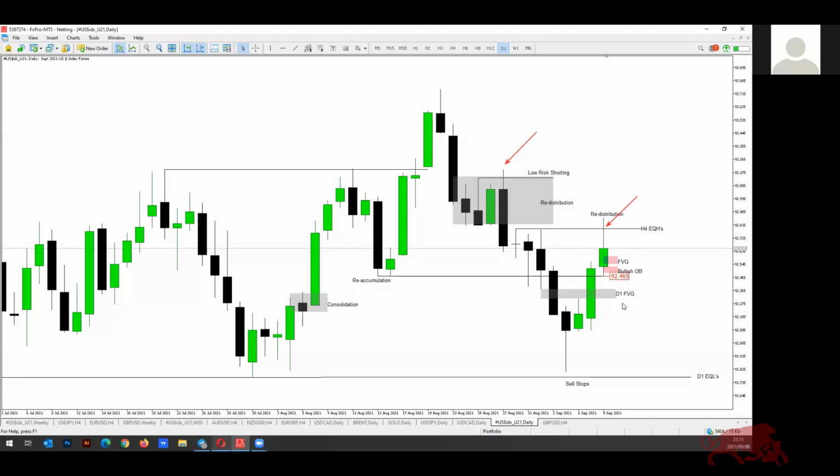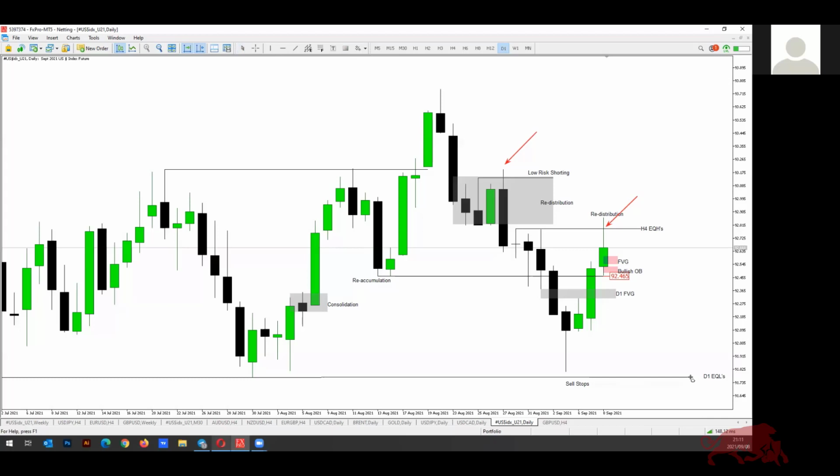Once that happens, you are bearish on dollar. Remember, the COT number is telling us dollar should go to the downside. Long-term wise, say 2 weeks, 3 weeks, your target is this D1 equal lows. See, that will be your target.